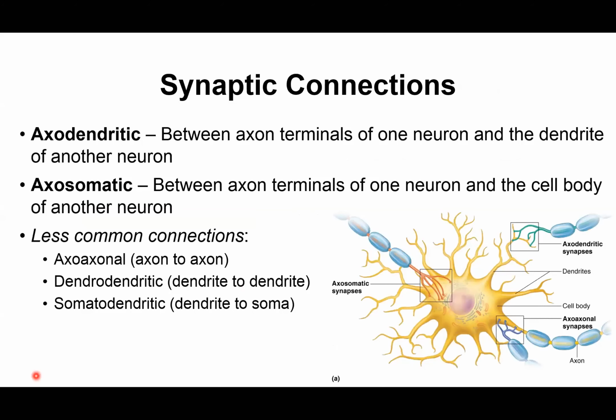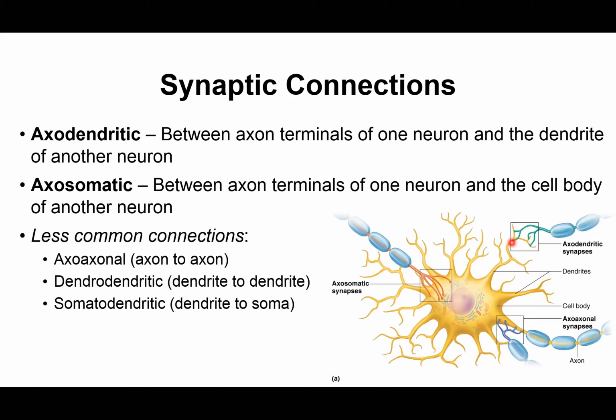So let's talk about these synaptic connections. There are a few different types. We can have axodendritic connections, which occur, see it over here, between the axon terminals of one neuron, the presynaptic neuron, and the dendrite of another neuron. Here's a dendrite of a different neuron, and so this would be axodendritic, from axon terminal to dendrite.